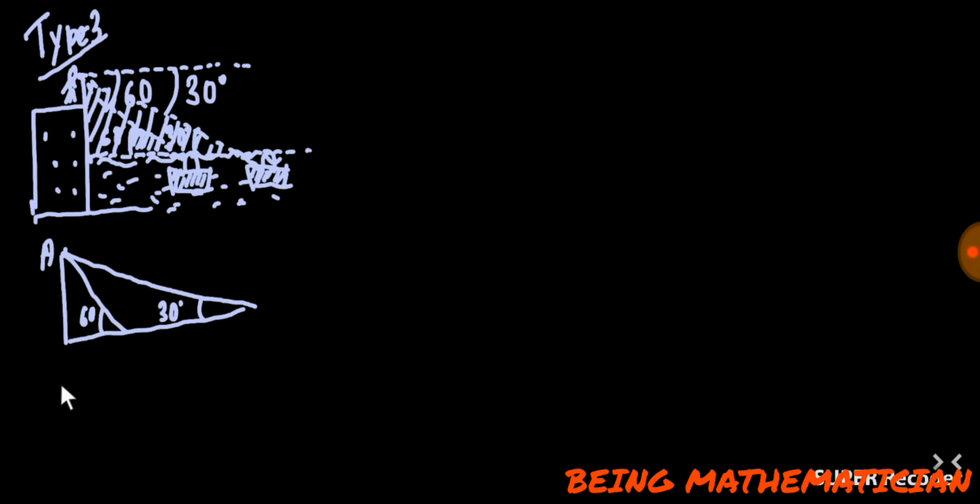So we name them A, B, C, D, and the distance between the ships is given, that is 10 meter. What will be the distance between the first ship and the building?